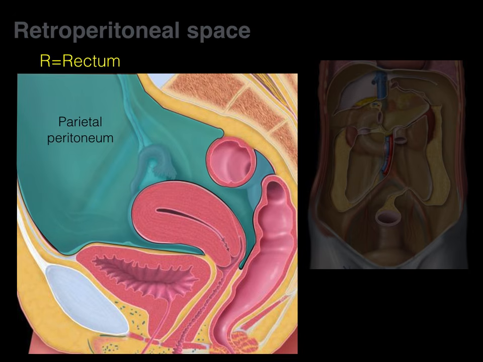And then in blue, there's our parietal peritoneum, and then there's where the sigmoid colon goes into the rectum, and notice the rectum is behind the parietal peritoneum without any mesentery between parietal peritoneum and, in this case, the pelvic wall. You'll also see the uterus and the bladder, which are considered infraperitoneal organs because they're below the parietal peritoneum.